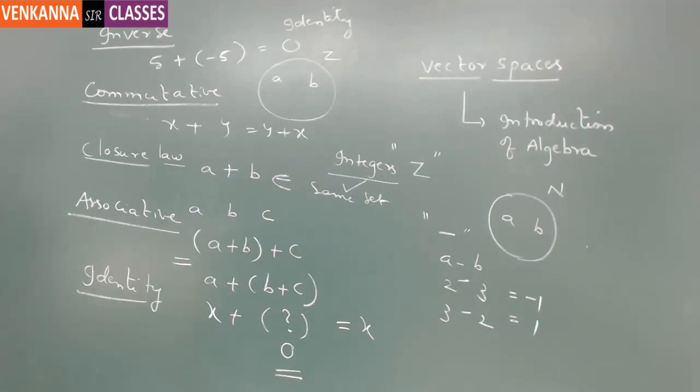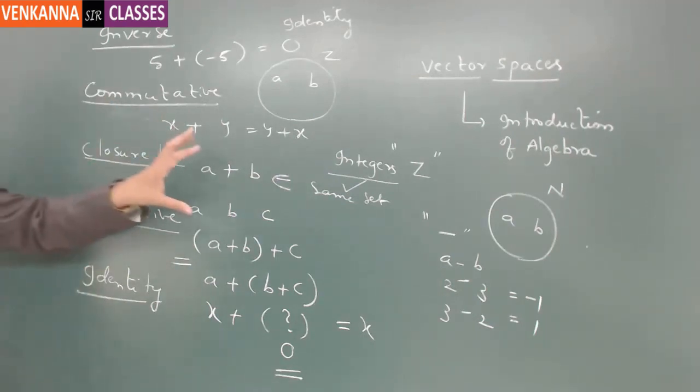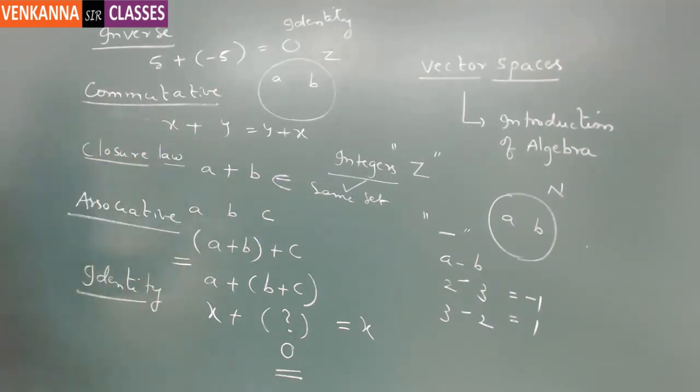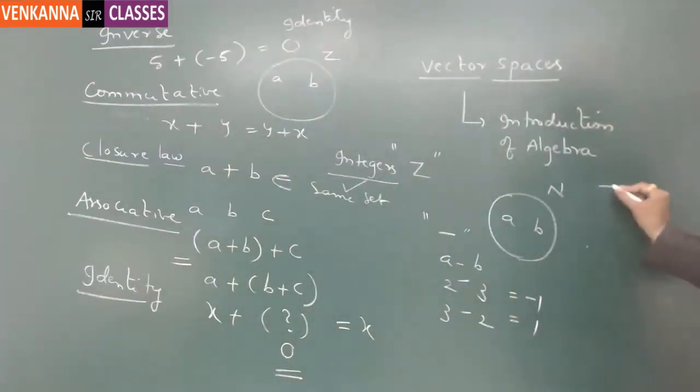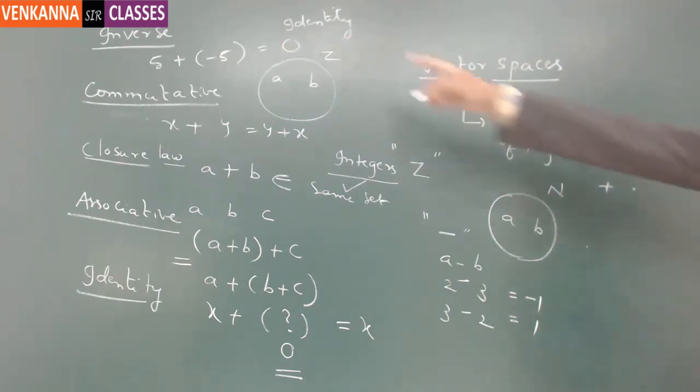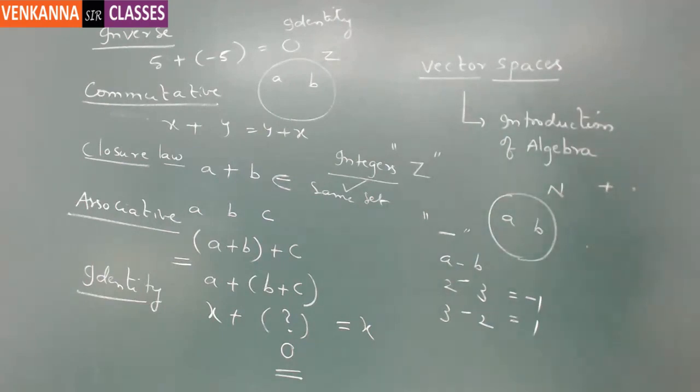In which there is a set, or some sets, by taking two operations at a time, plus and dot, they will satisfy all the 5 properties: closure, associative, identity, inverse, commutative.